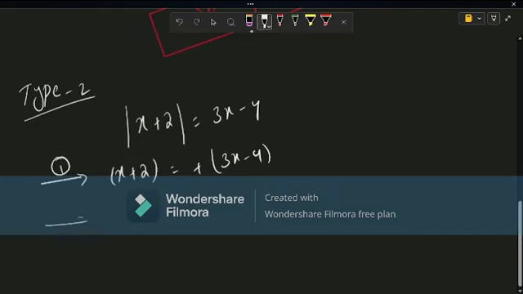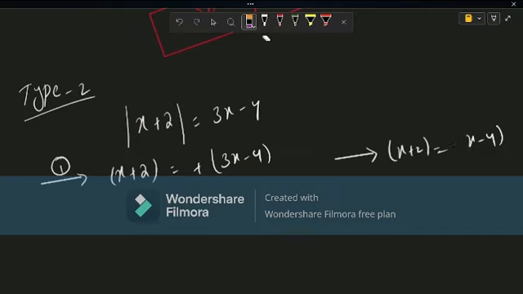The second case would be x plus 2 is equals to minus 3x minus 4, because a mod term can be opened as one term with a positive sign and the other term with a negative sign. So you can solve both cases in order to find the value of x.